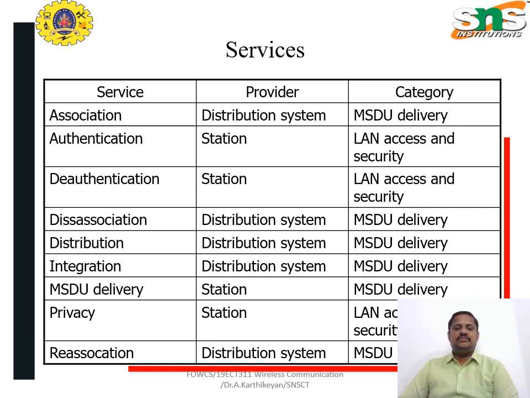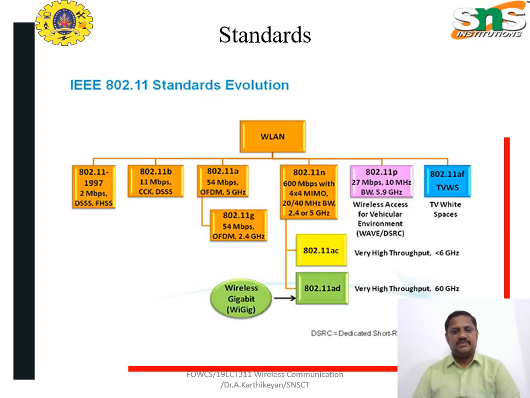The distribution system services are association, disassociation, distribution, integration, and reassociation. The station services are authentication, de-authentication, delivery, and privacy, the main category for mobile phone service systems.